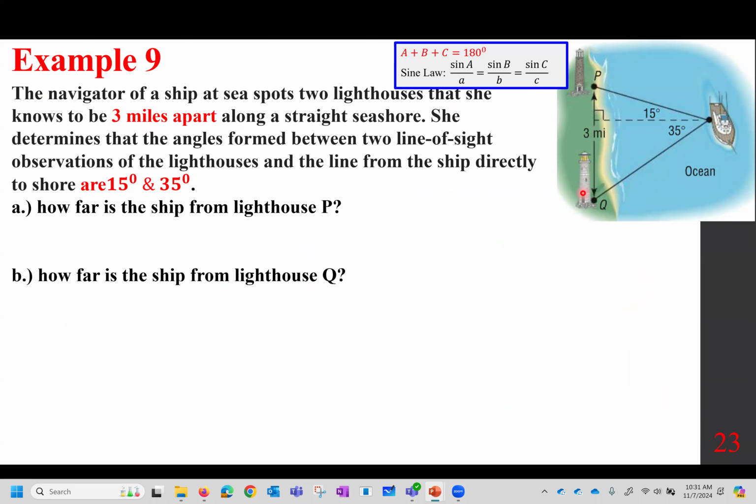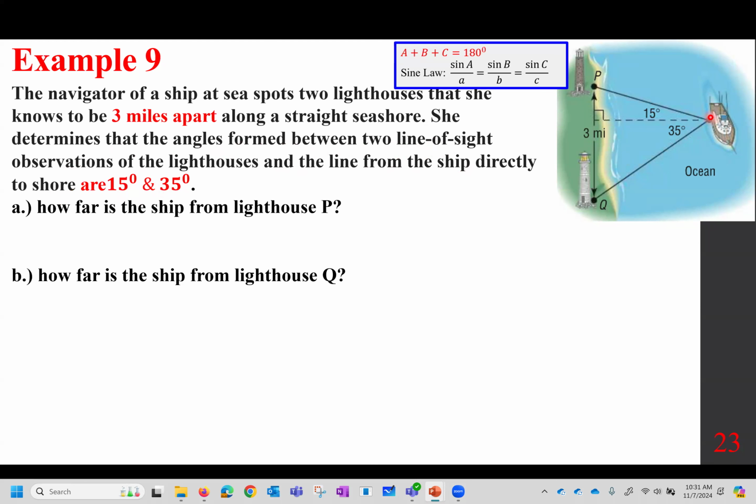So we have a distance of 3 miles between these 2 points, P and Q. She determines that the angles formed between the 2 lines of sight, observations of the lighthouses, and the line from the ship directly to shore are 15 and 35 degrees.